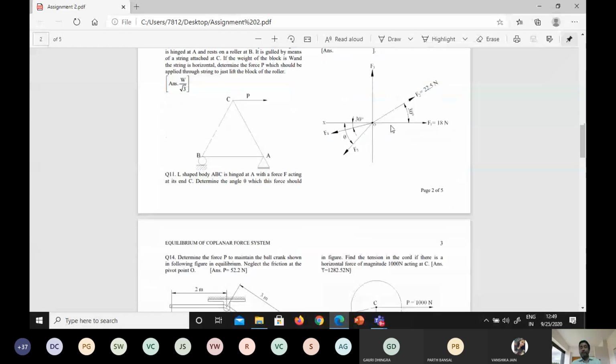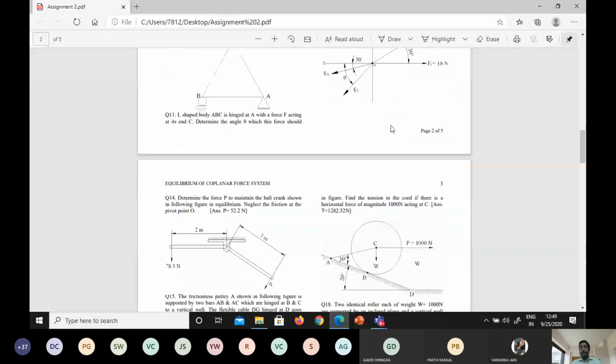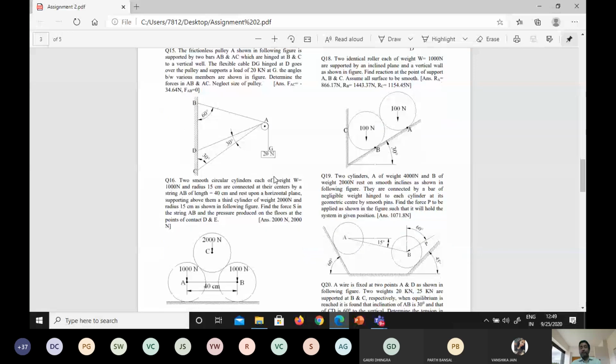And in this sheet you have around, just you have to use our concept that we have discussed for the sphere problems. This type of problem, question number 19, question number 16, we have discussed in the class. You can see question number 16 and question number 19.